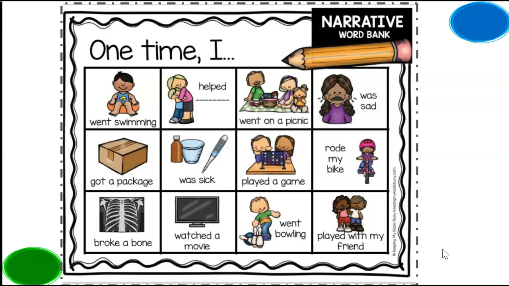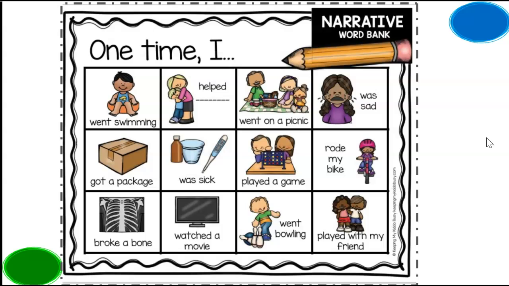So on your journal page, you are going to finish the sentence One time I, and then you're going to write what you did. Then at the top of your paragraph, or on top of your sentence in the blank space, you are going to draw a colored picture to go along with your sentence.